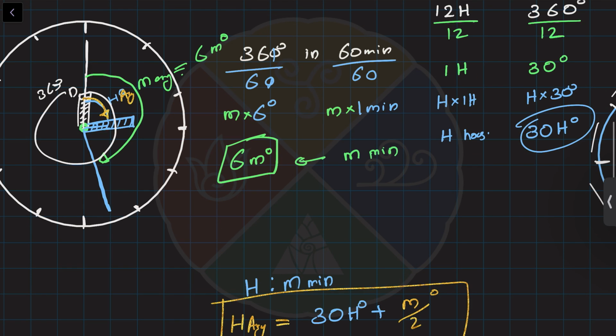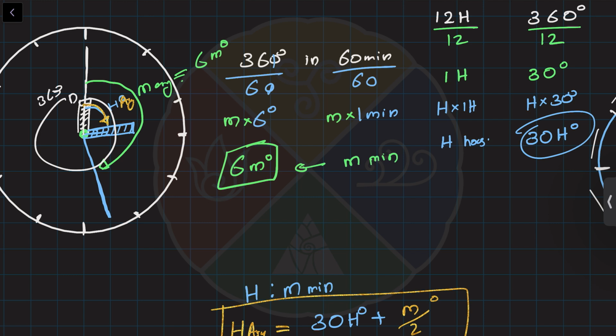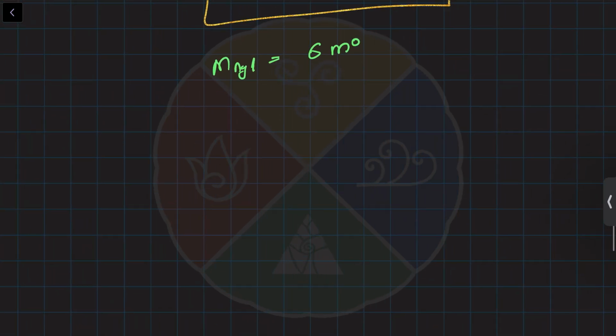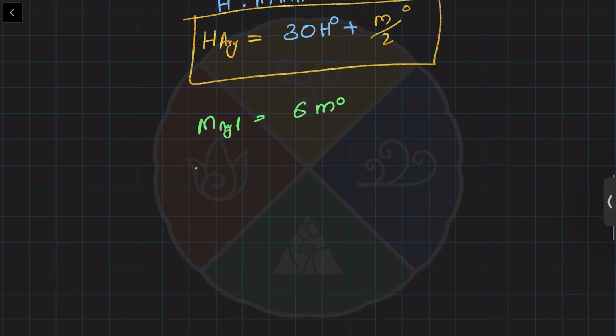Now to find the actual difference between these two angles, first we find the hour angle, then the minute angle, whichever suits you, and you subtract one from the other. Here I will subtract hour angle minus minute angle, or the other way around.